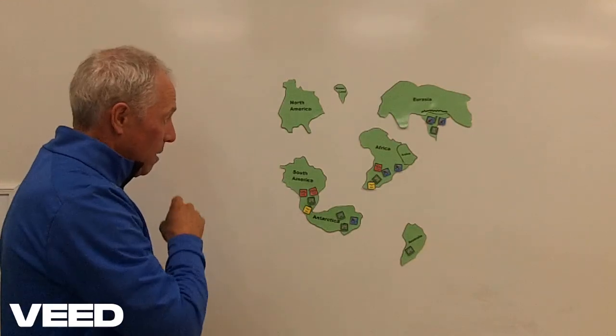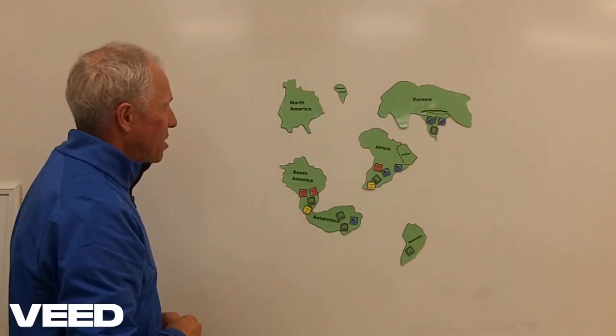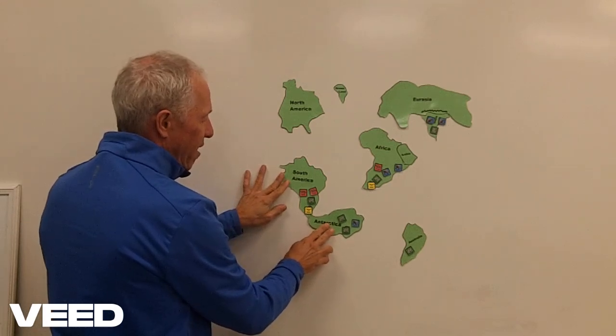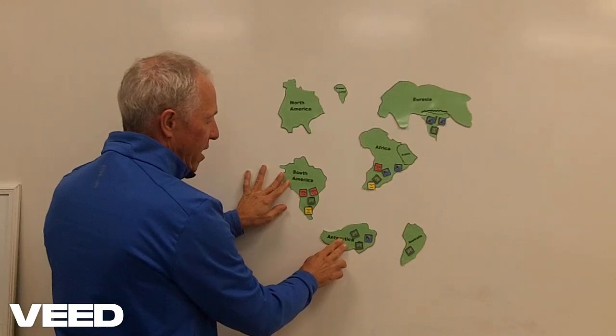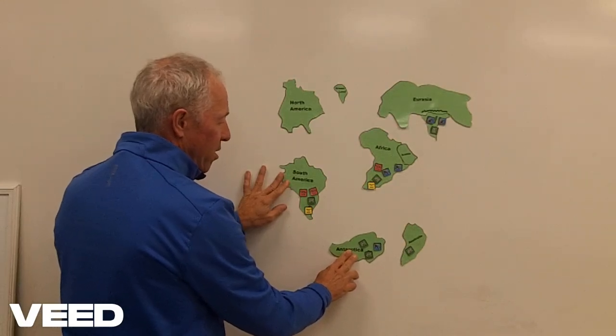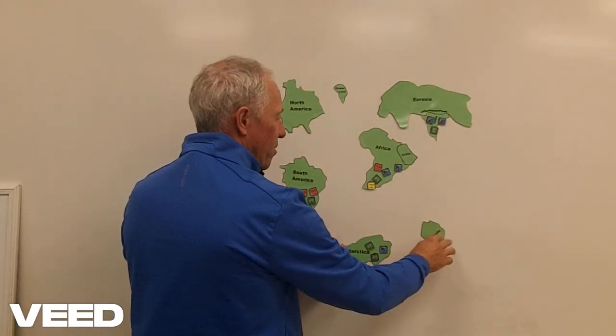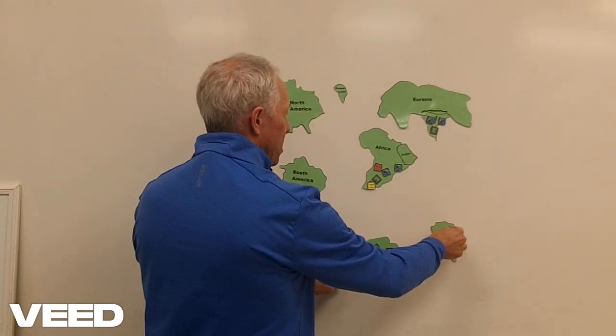Then Antarctica breaks away from South America about 35 million years ago and moves southward towards its present location at the South Pole. And Australia continues its movement.